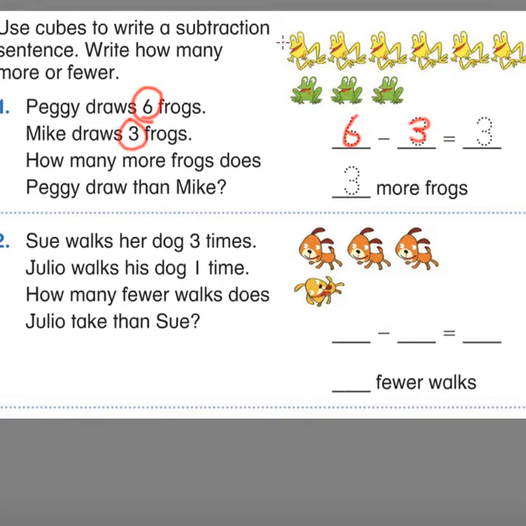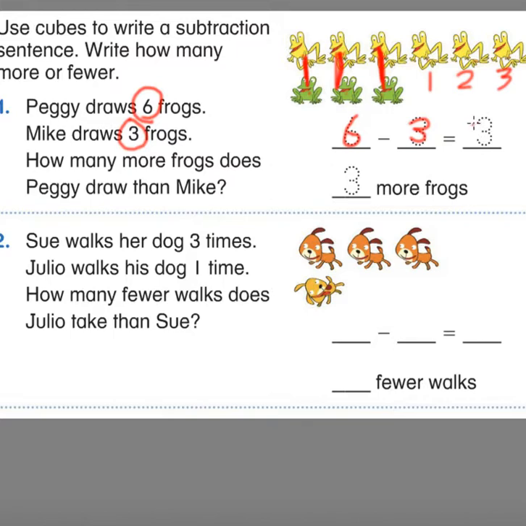And now we need to find the difference. So we need to have our friends hold hands. So this yellow frog has a friend right here. This yellow frog has a friend right here. And this yellow frog has a friend right here. How many frogs don't have friends? So let's count them. 1, 2, 3.